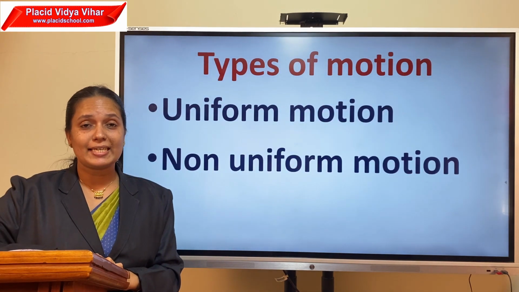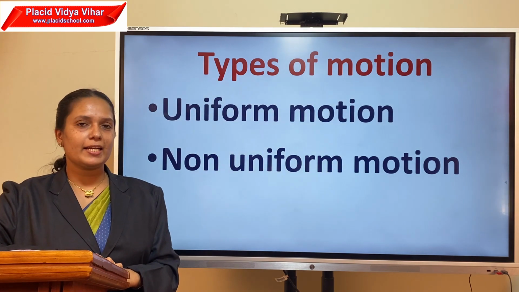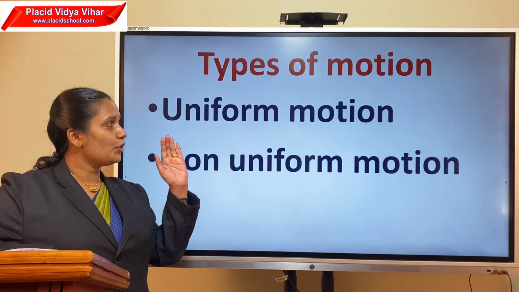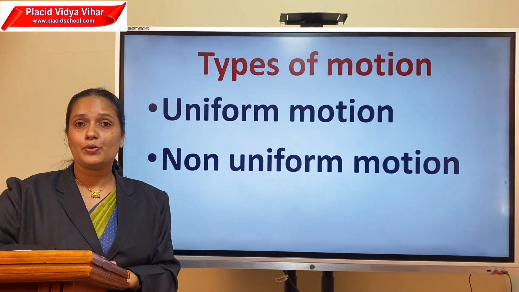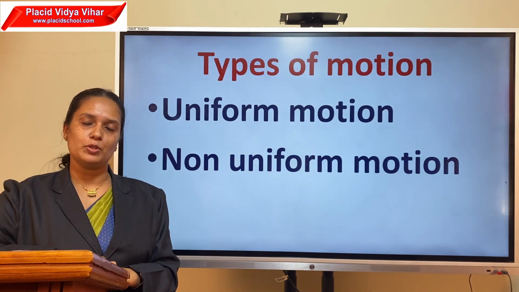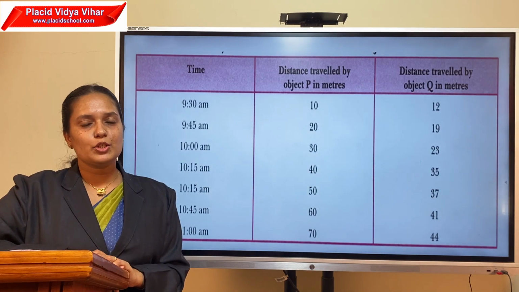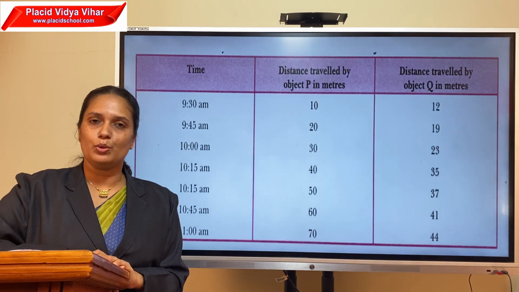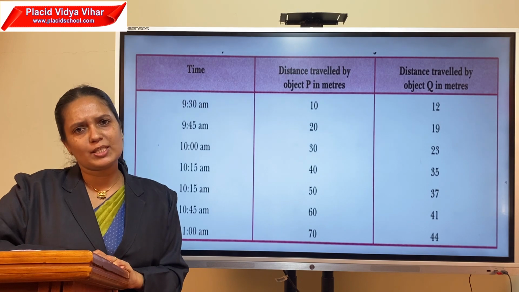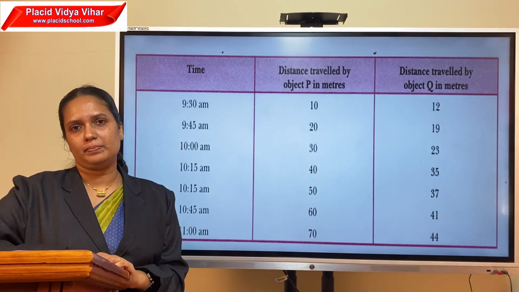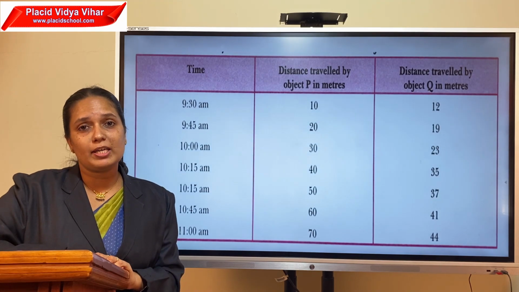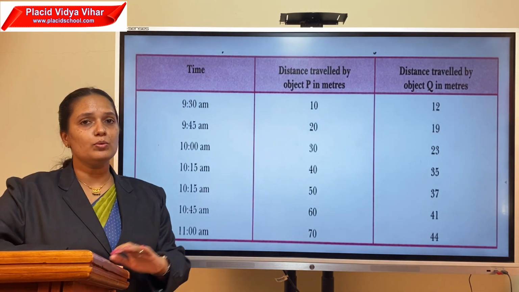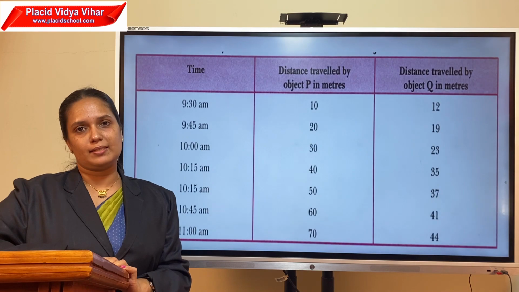Then based on the consistency of speed, we can classify motion into uniform and non-uniform motion. Let us see what is uniform and non-uniform motion. We consider two objects P and Q, and these objects start moving at the same time. In the table you can see the distance traveled by the objects P and Q in the given time intervals.